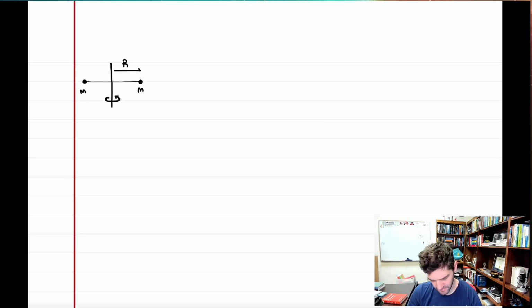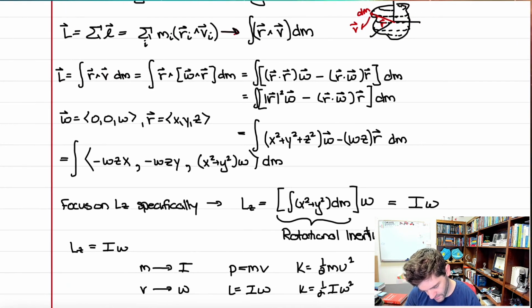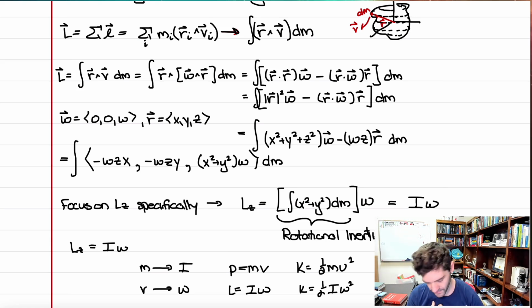Oh, let me make one point before we go into the example. What is this x squared plus y squared in this case? If things are rotating, polar coordinates are probably going to be the thing you find most relevant to use in these sorts of systems.